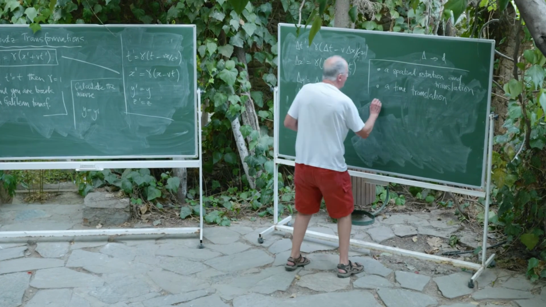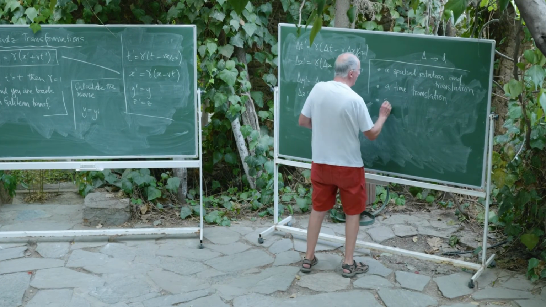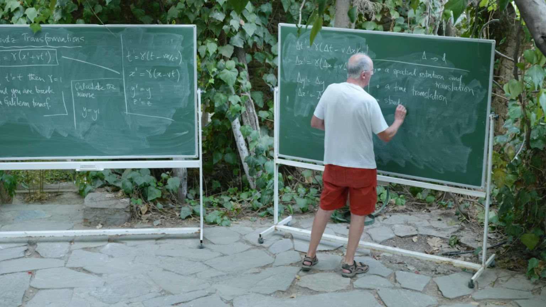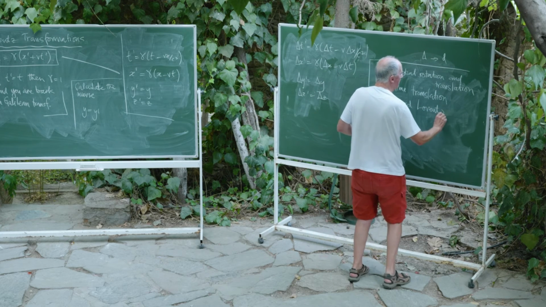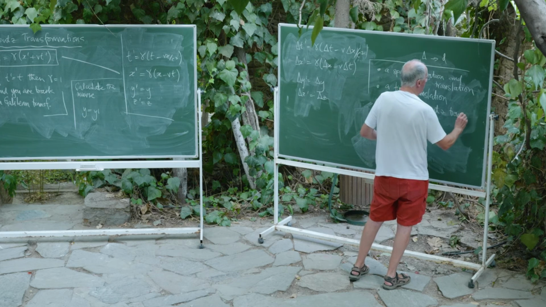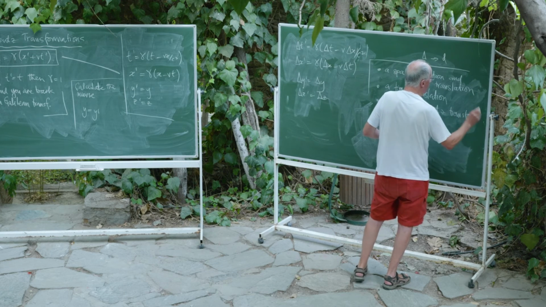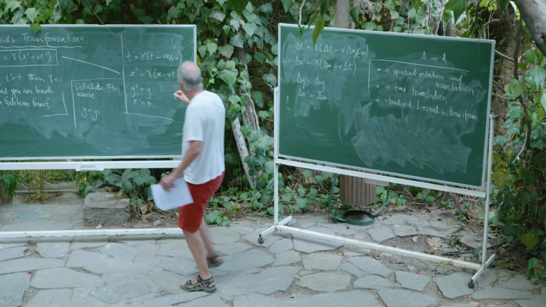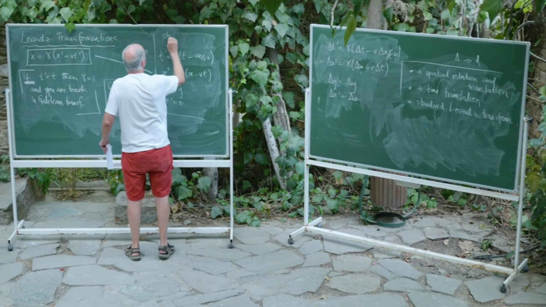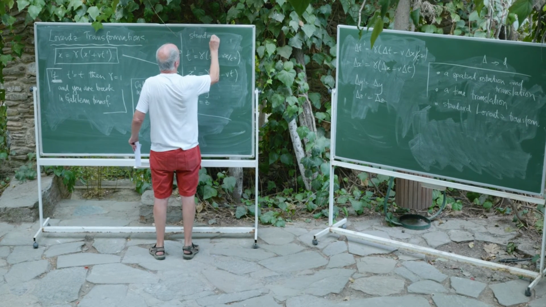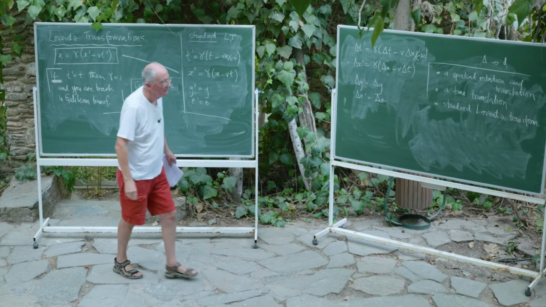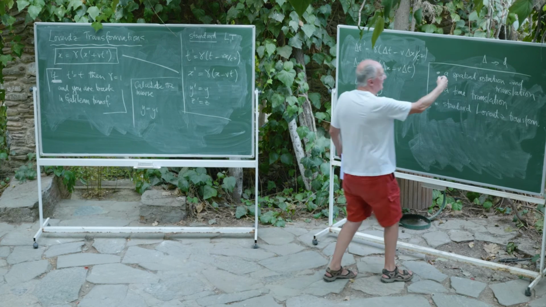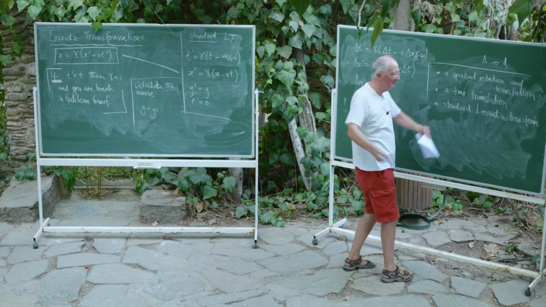And then after you've done that, you do the standard Lorentz transformation. So that's this thing. And then you have to undo these to get back to the original configuration that you were in.